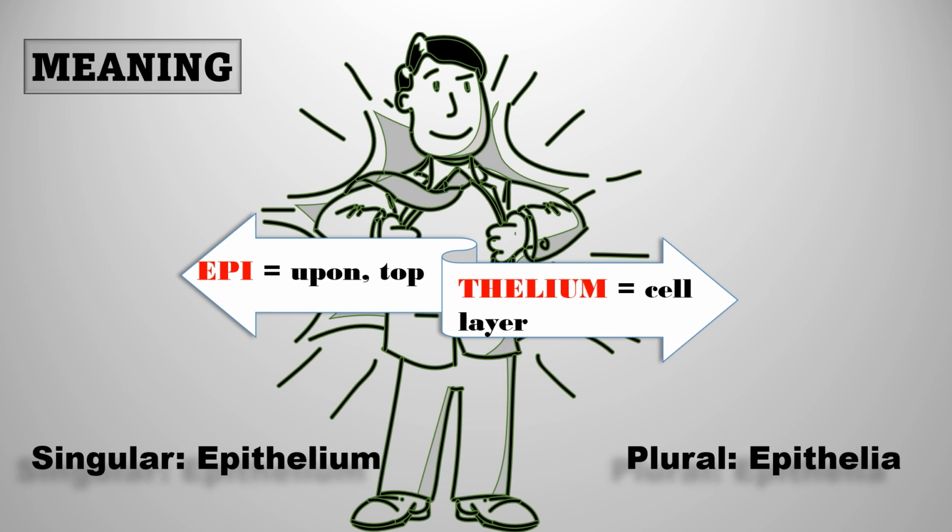The first category of tissues is called epithelium. The second is the connective tissue. The third is the muscle tissue. And the fourth is the nervous tissue. So those are the four categories of tissues.